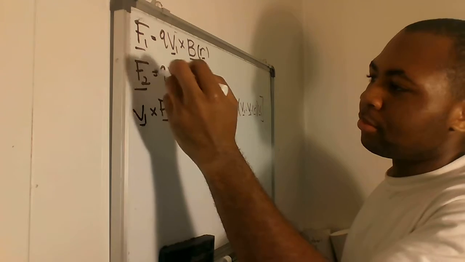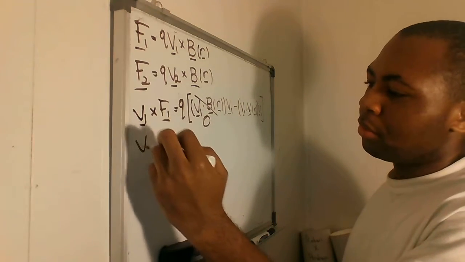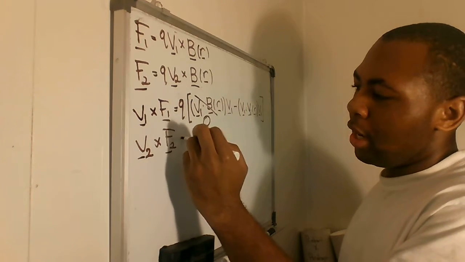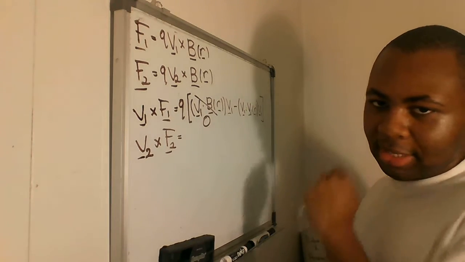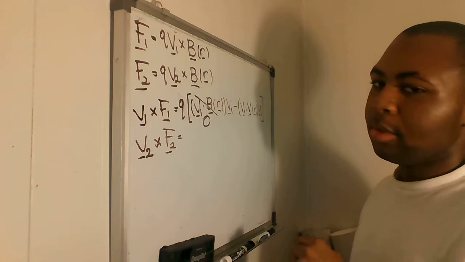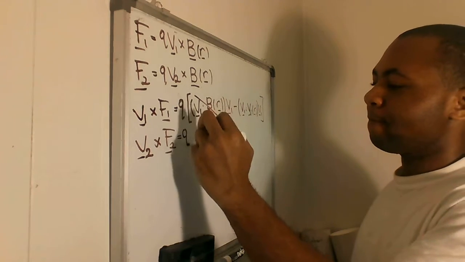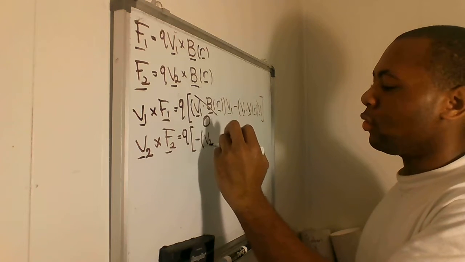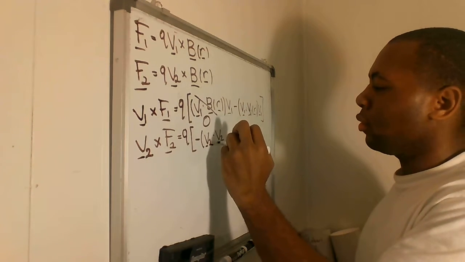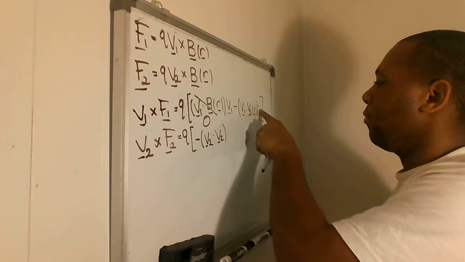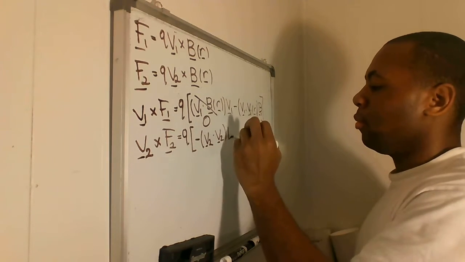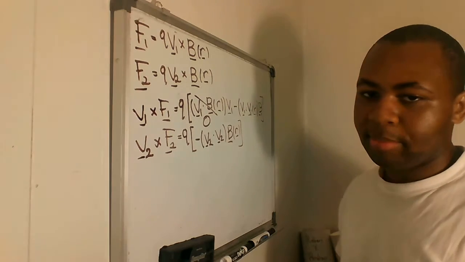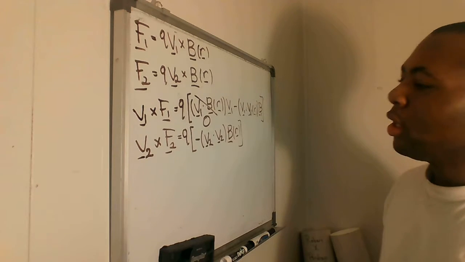If we do the same thing to F2, v2 cross F2, I know that the video is a bit blocky once we get to that point, but bear with me for a second. We have the same relationship: we get minus v2 dot B. I'm going to stop writing B as a function of r because we kind of know that now.